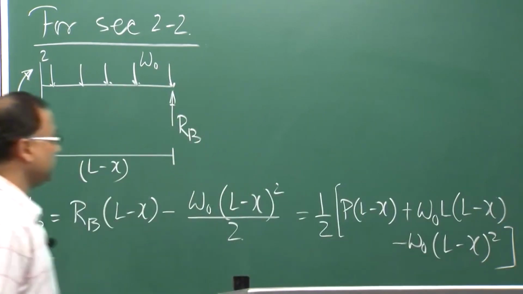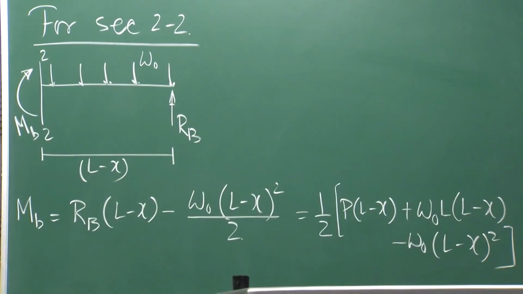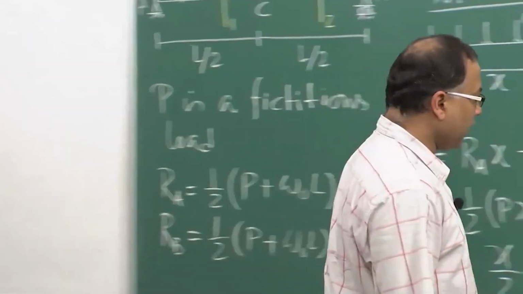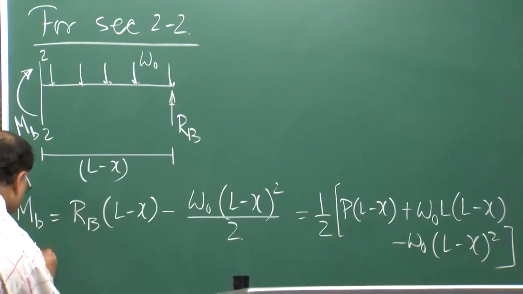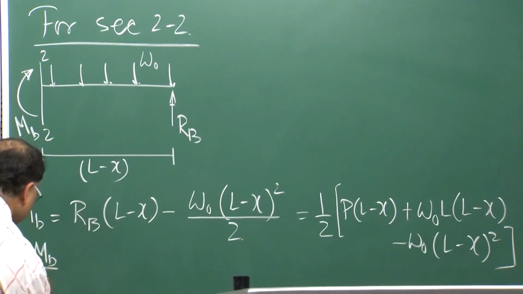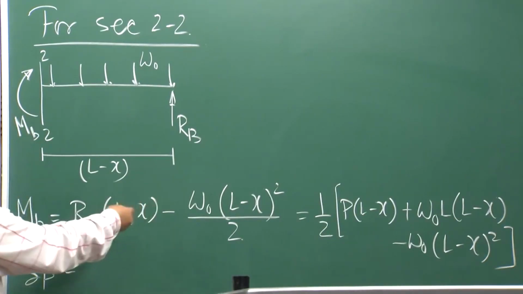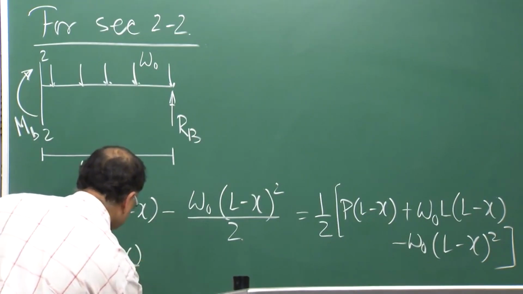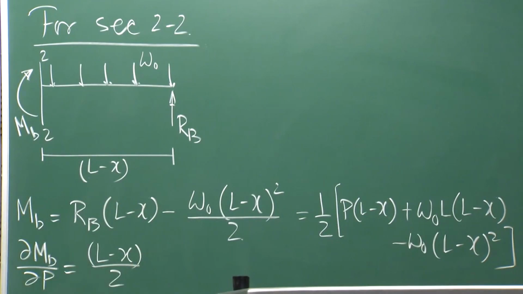So, this is the expression of MB for section 2, which is valid from L by 2 to L. Okay. So, we can similarly find out del MB del P, which from this expression is very clearly written as (L minus x) by 2.